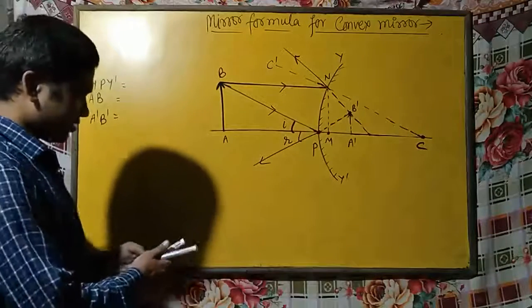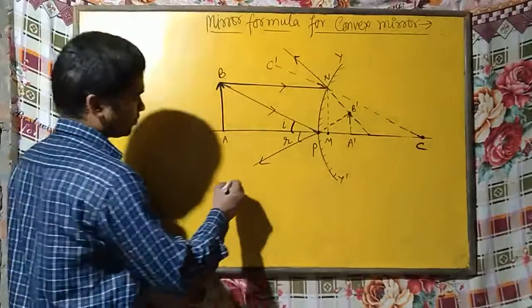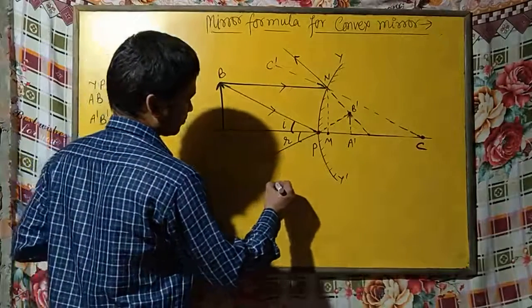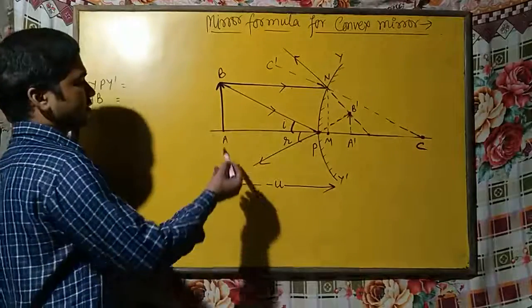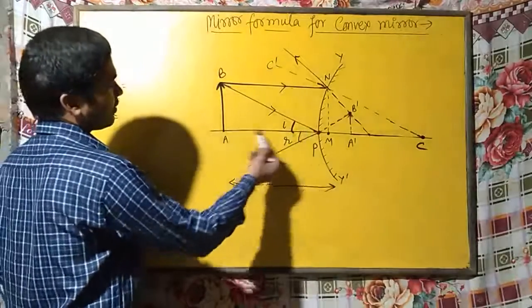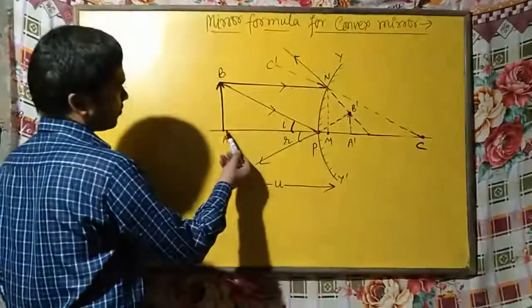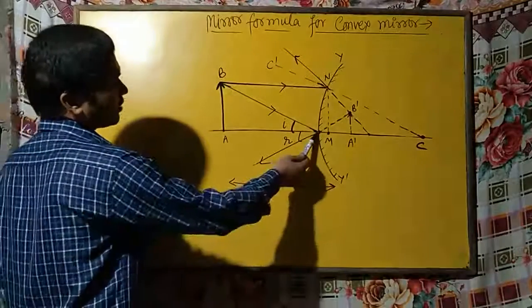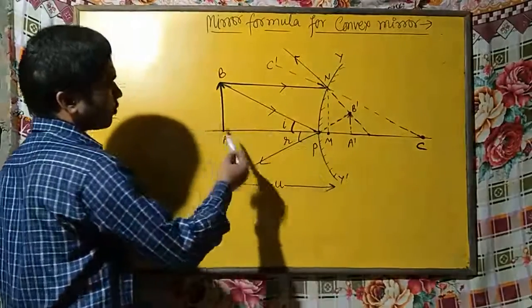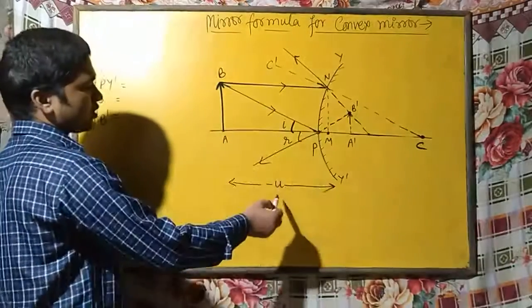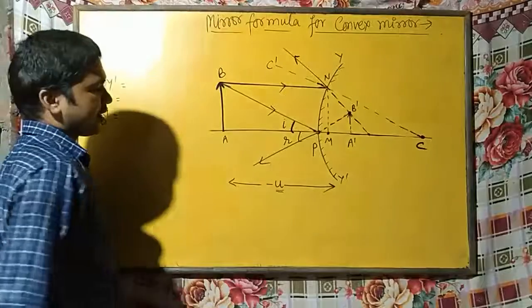Suppose this distance is minus u. Since the object is placed here, if you take the distance from the pole, you must move opposite to the incident ray. So this distance must be taken as negative.